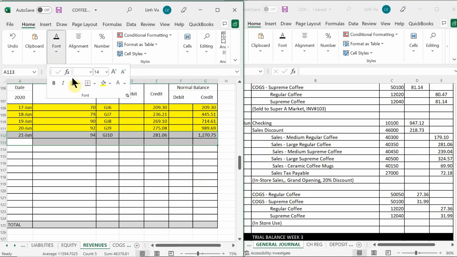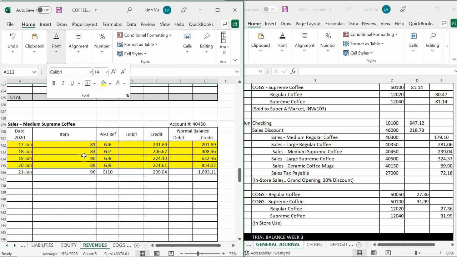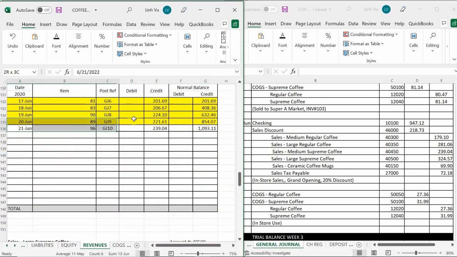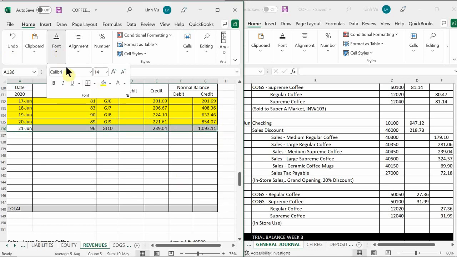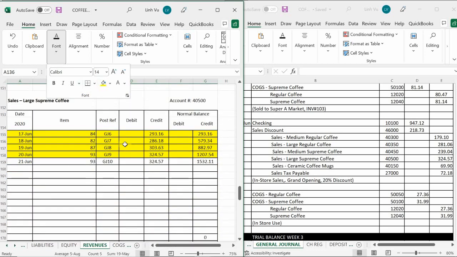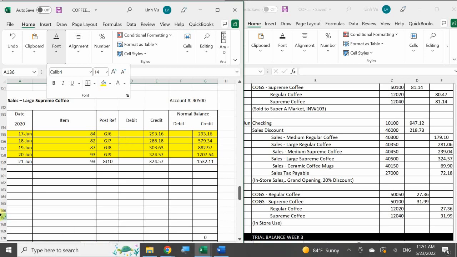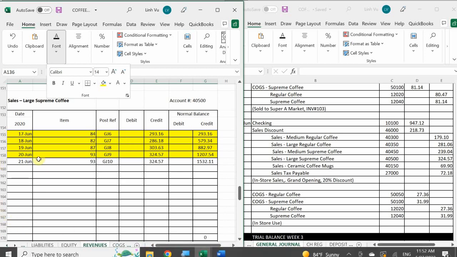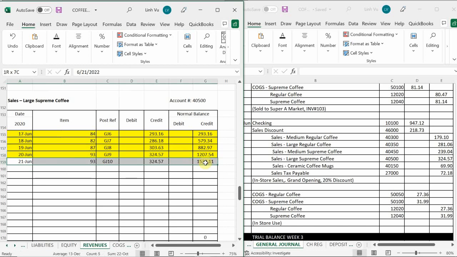Correct. We sold our medium Supreme for $239, which is correct. And then we sold our large Supreme for $324, which is correct. So this is all correct.